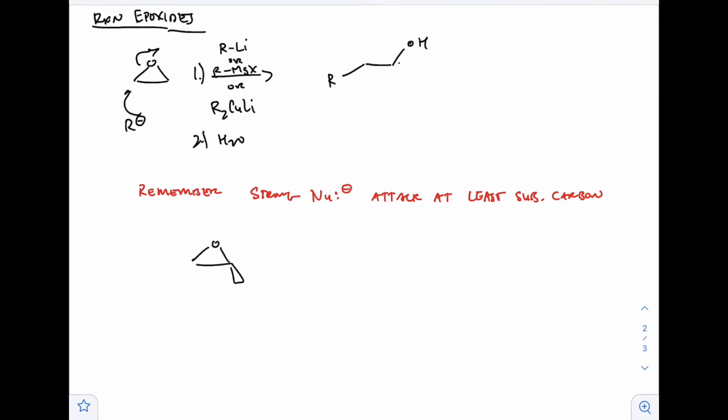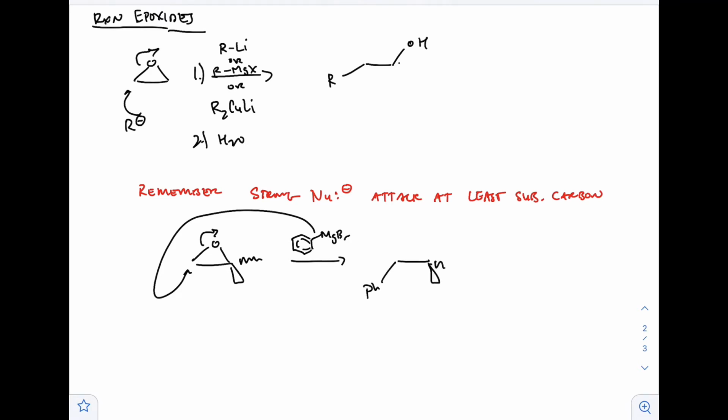Okay, so for example, this guy, if we hit that with let's say phenyl magnesium bromide, we want to attack on the left side of that molecule, bust that guy open, we get our tertiary alkoxide in this case. And then we get our protonation with water, we get our alcohol.